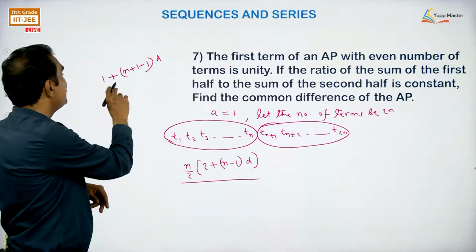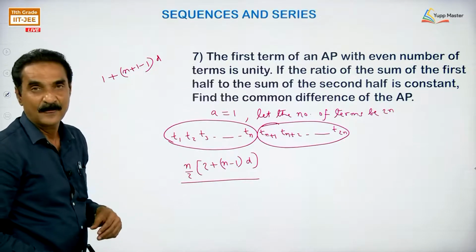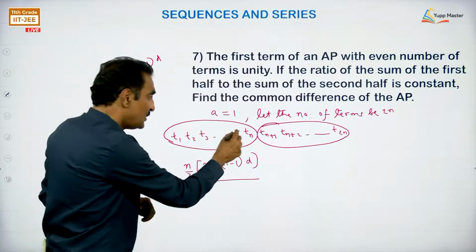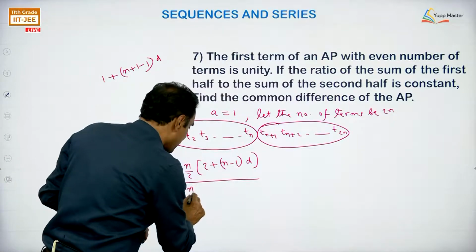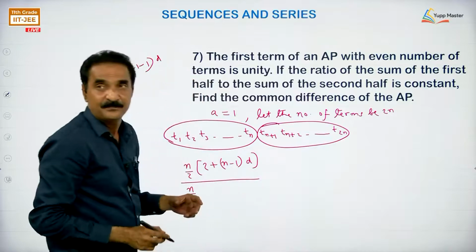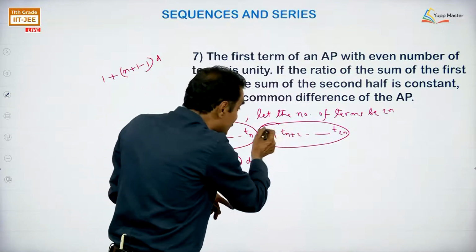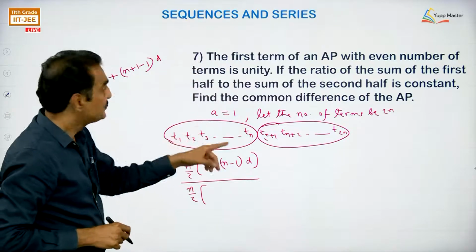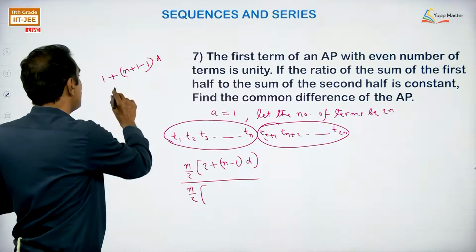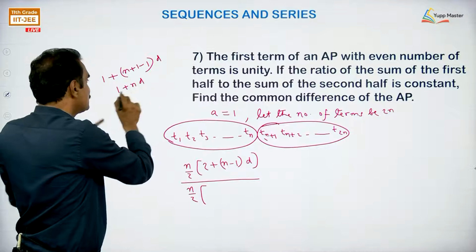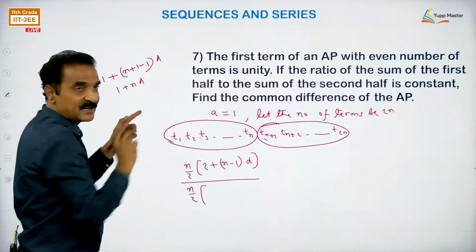What is it? 1 plus nd. So again there are n terms in the second half also. So n by 2 into 2a for the second half, this is the first term, 1 plus nd, so 2 into this is the first term for the second half.